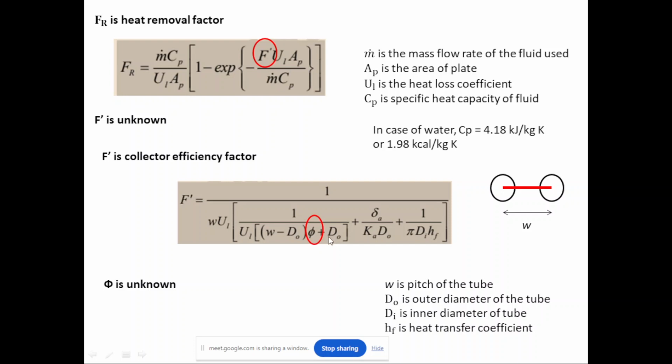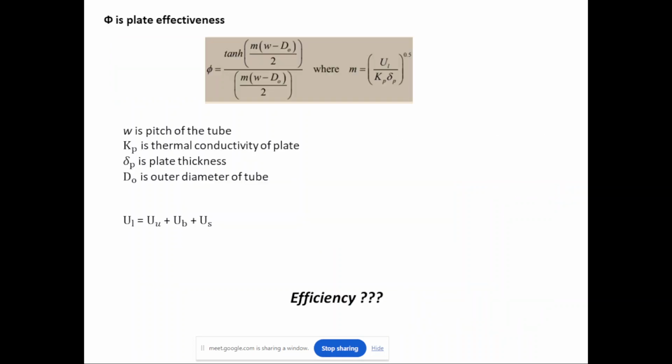Here again your value of phi is unknown. The value of phi is given by tanh of m (W minus D naught) by 2, divided by m (W minus D naught) by 2, where m is (UL by Kp delta P) to the power 0.5.